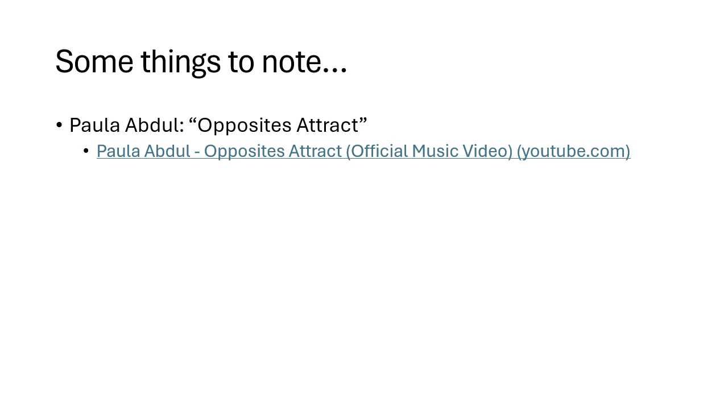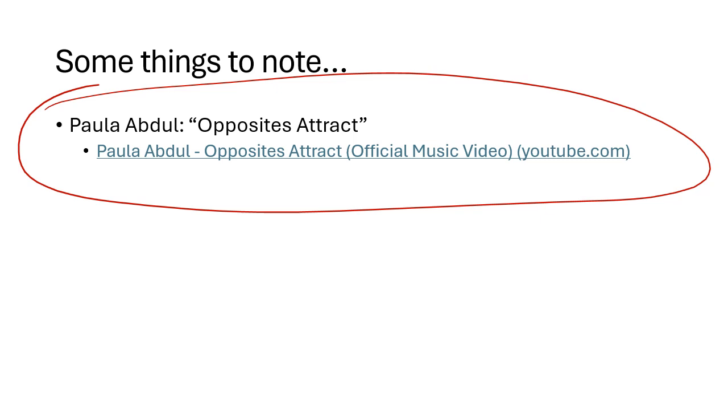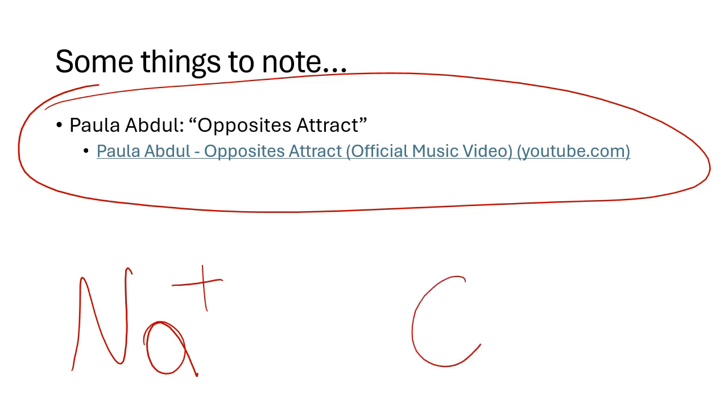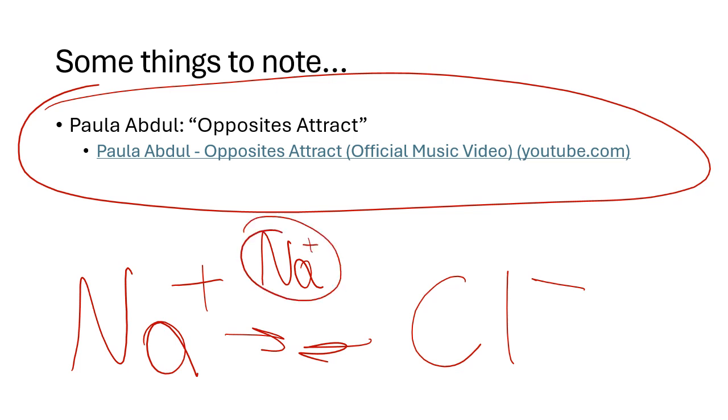This is a good song from my childhood. Still remember every word. It teaches us about how opposites, a cation and an anion, attract to each other. It's like opposite magnets.